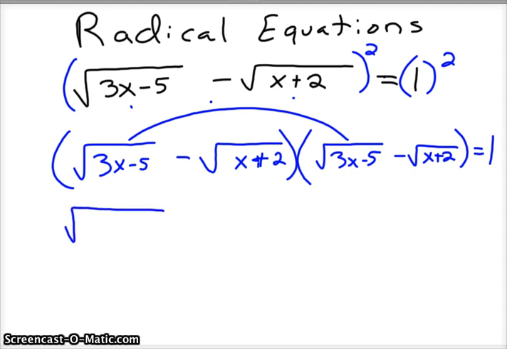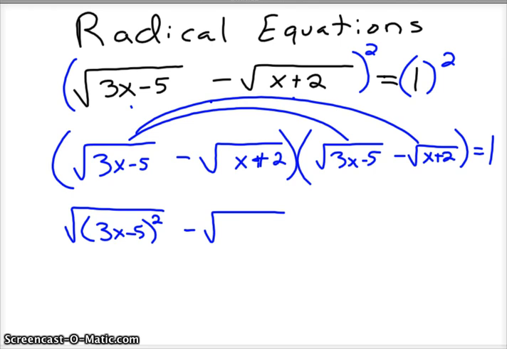And maybe I should write that so that we can follow along. So that'd be squared. And then you'd multiply this one, so that'd be minus square root, and I'm just going to write it all as one square root, 3x minus 5 times x plus 2.